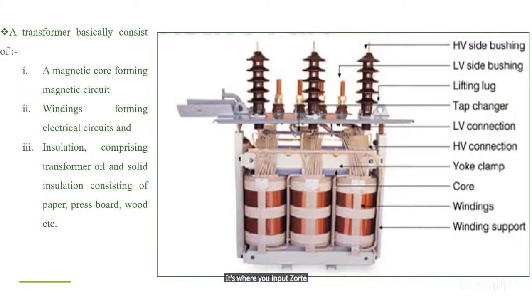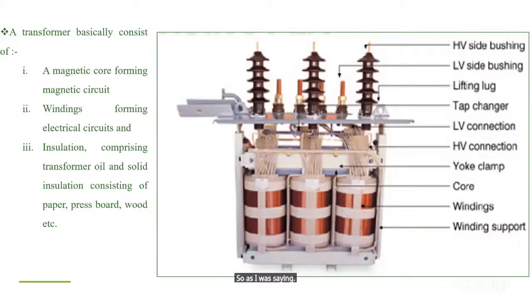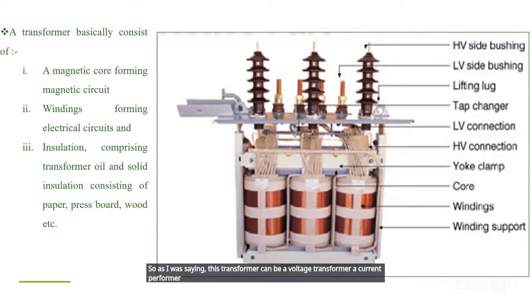And the second part is the secondary part of the transformer. It's where you get your output voltage.